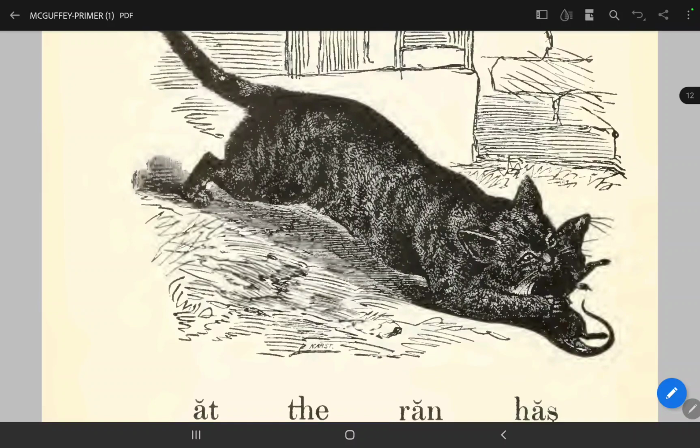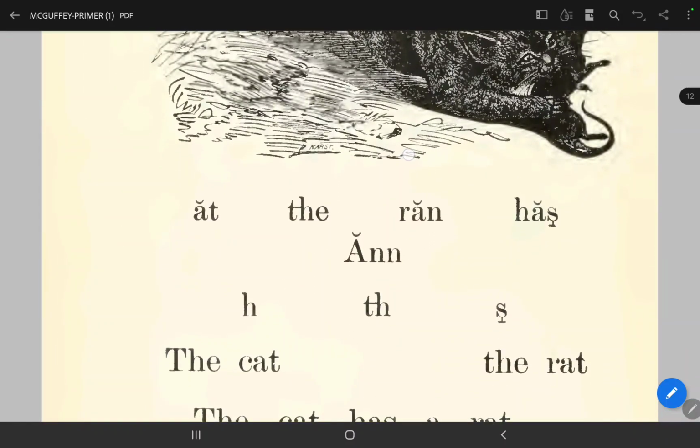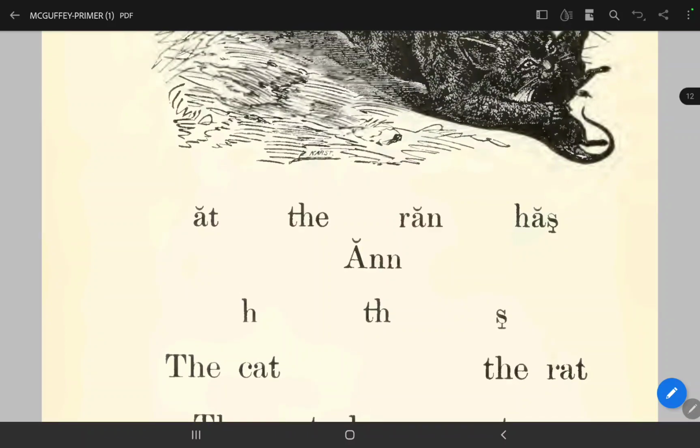Okay, look at the cat with the rat. Now let's start your sight words. First word, A-T. You have the same A that we learned in our last lesson.